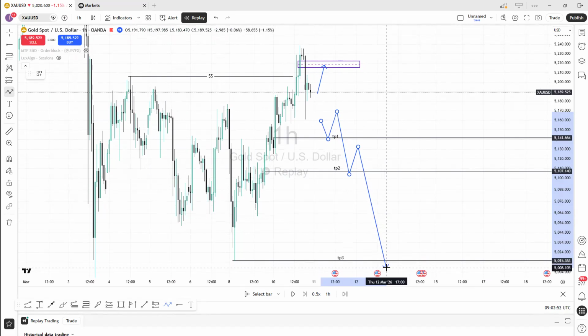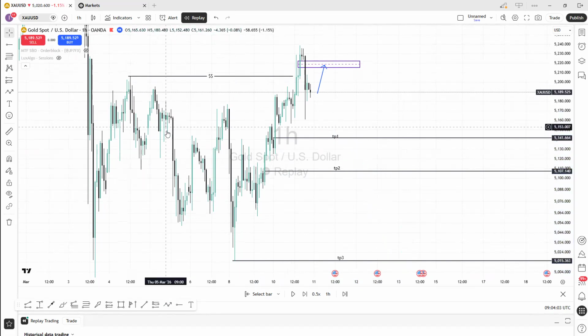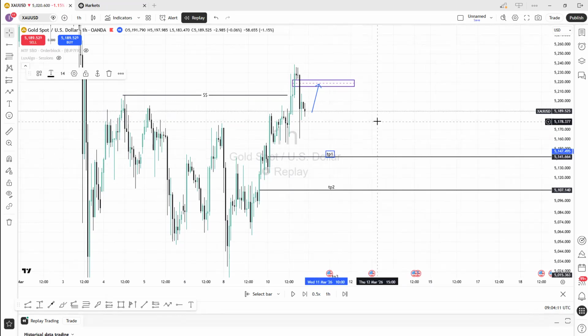And when it takes out this previous low, it may create a market shift for buys later. Okay, so that's why we are using those points of interest as what? As our take profit zones, because price may react from those areas.